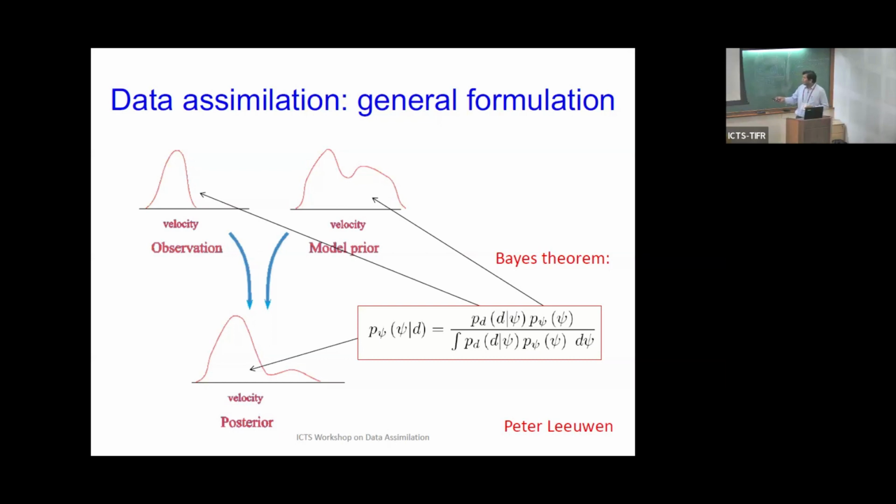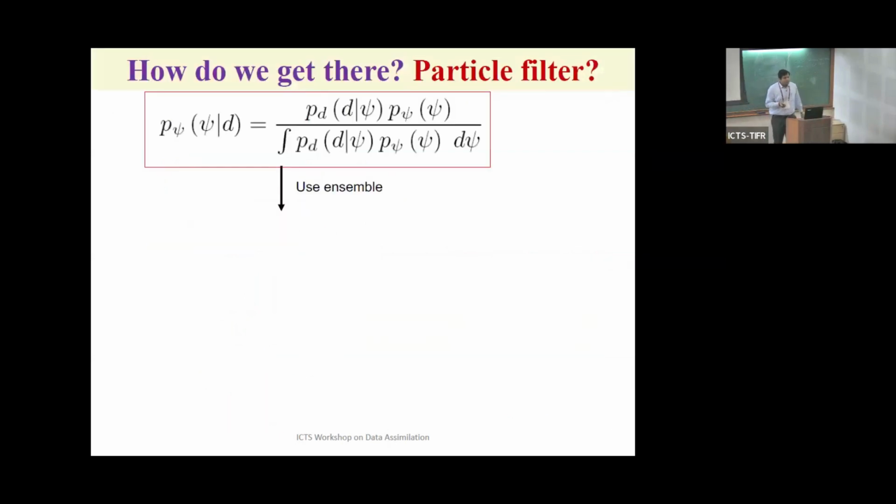we have a problem from the Bayes theorem. Okay, so we have a prior distribution, and we also have a likelihood. Now I have a few slides for the basic framework of the particle filter. In this theory, I use sufficiently large ensembles from the model space, and then we give weights to my ensembles.